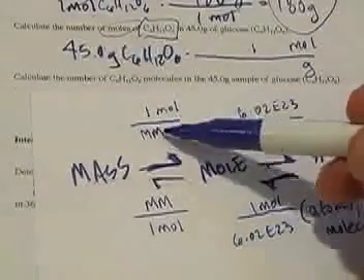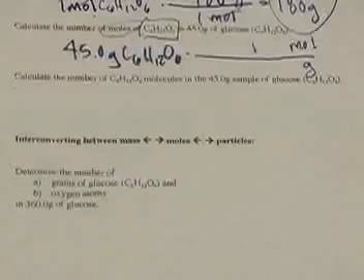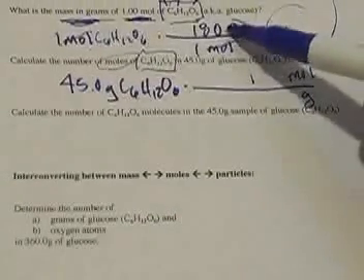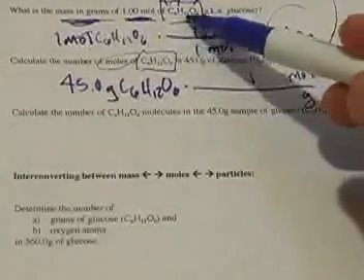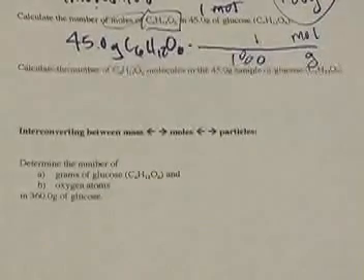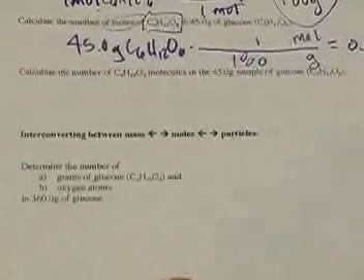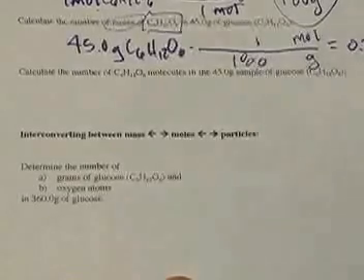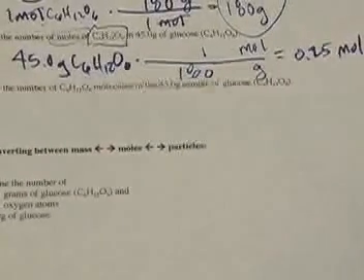Notice I put 1 mole on the top, and the molar mass that I get from the periodic table on the bottom. And if I look back up here, there are 180 grams from adding up C6H12O6. So 180 would go on the bottom, and 45 divided by 180 turns out to be 0.25 moles, or a quarter.